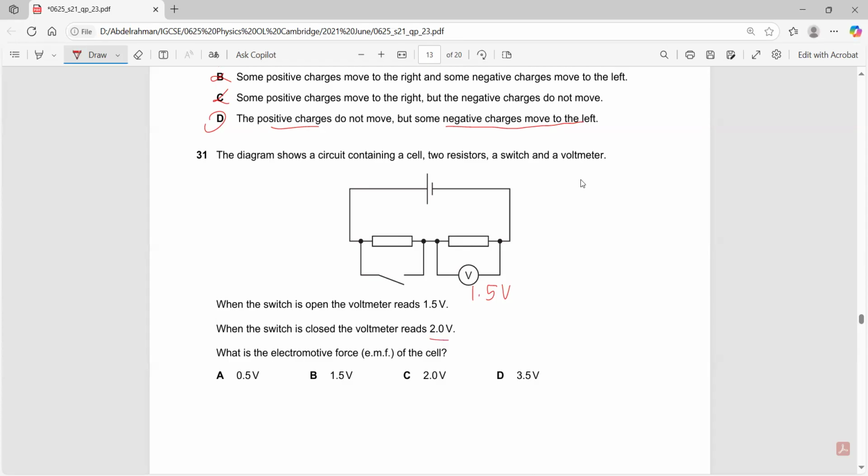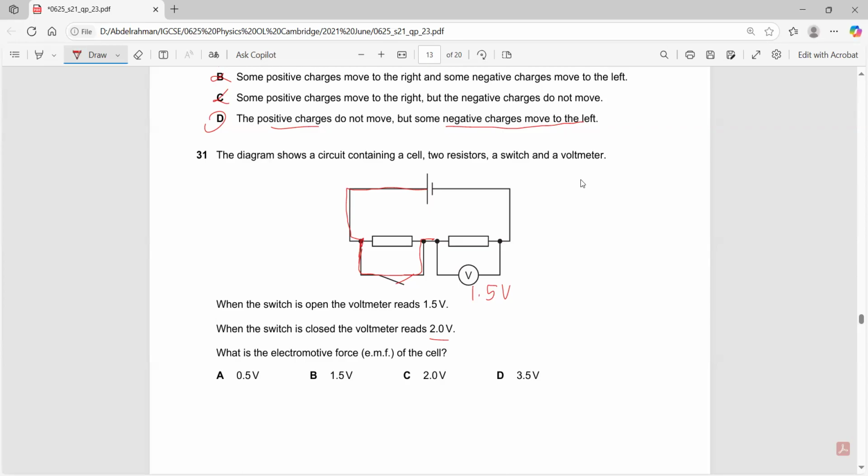Why would it be 2 volts? Because when you close the switch, you kind of create a short circuit. What do I mean by short circuit? It's as if the current does not pass through the resistor at all. All of the current passes through this wire and bypasses the resistor, that's why we call it a short circuit. So no current can pass through the resistor when you close the switch.